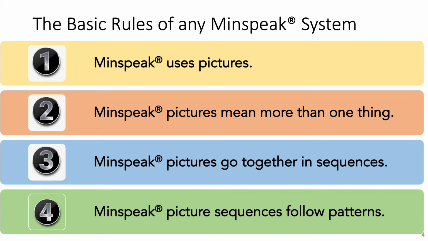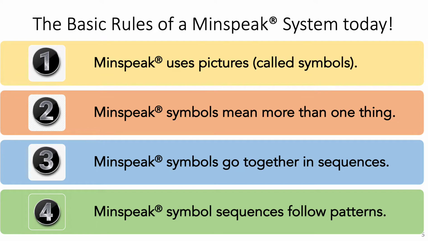To answer that question, I wanted to use a simple illustration to help the parents understand the basic rules of any Minspeak system. These were the rules of a Minspeak system in 1990, and they are still the rules of a Minspeak system today.